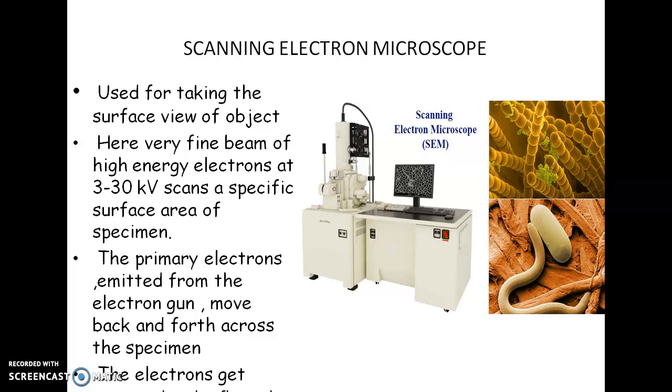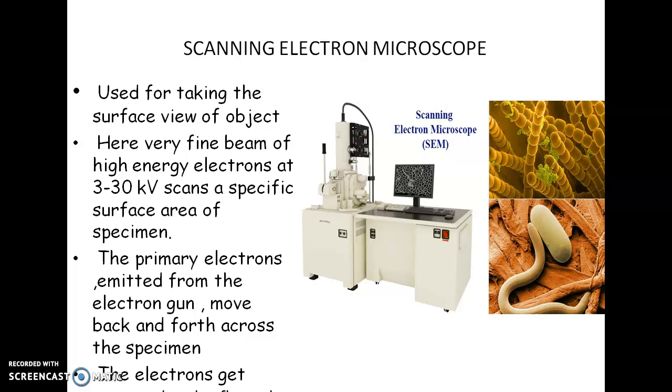The principle is somewhat similar to that of all other electron microscopes, that is, a very fine beam of high energy electrons having a potential of 3 to 30 kilovolt will scan the specific surface area of a specimen. What actually we are doing is that the primary electrons are those electrons which are produced by means of the thermionic process, by providing a high input of voltage into the cathode or electron gun.